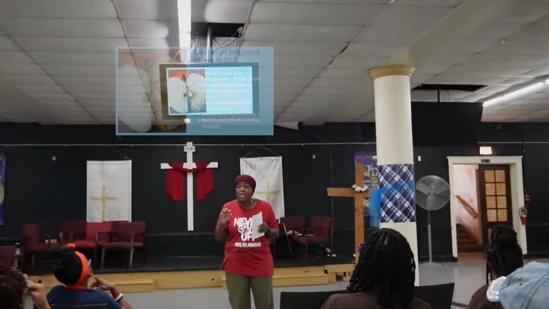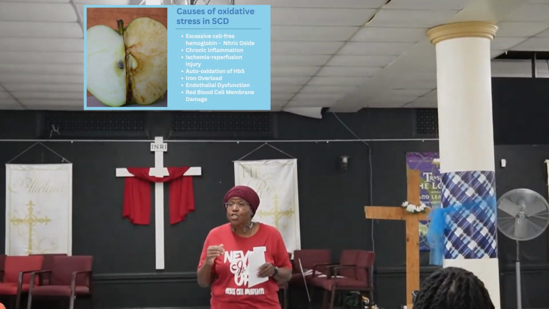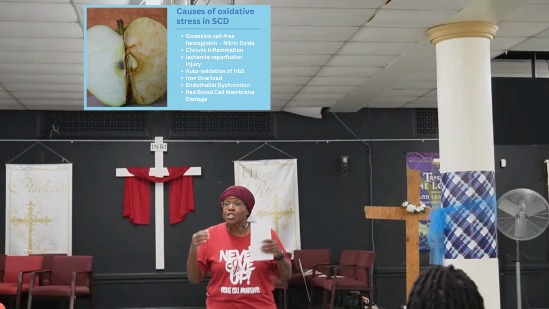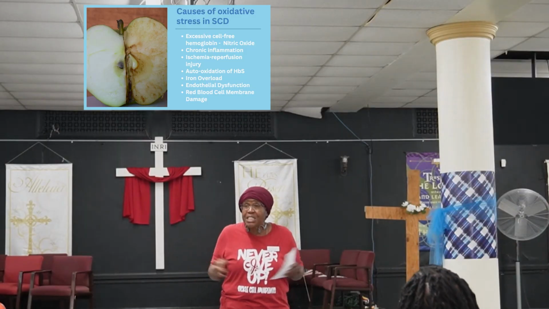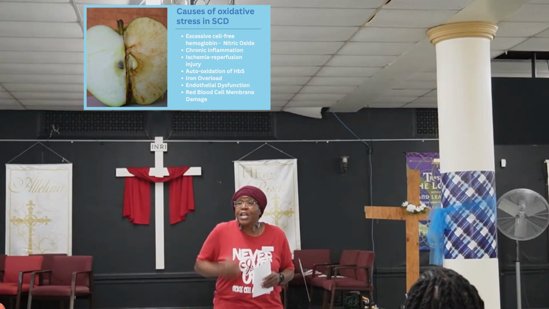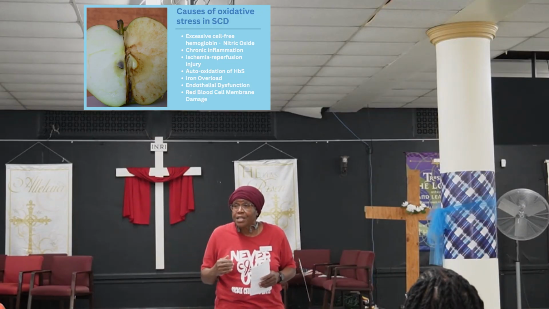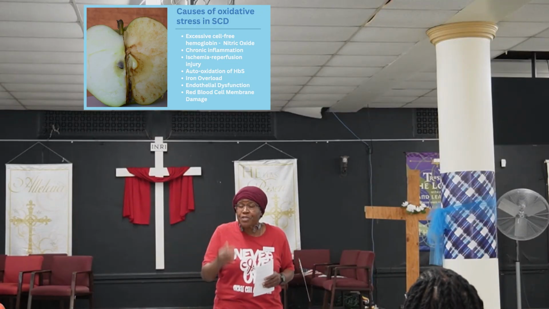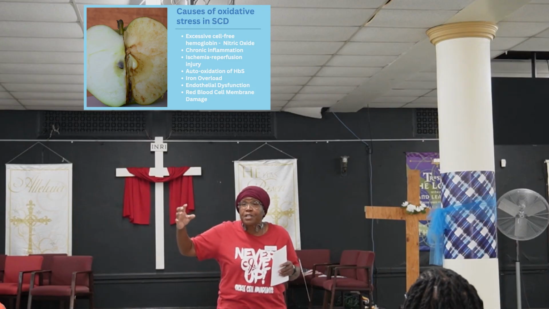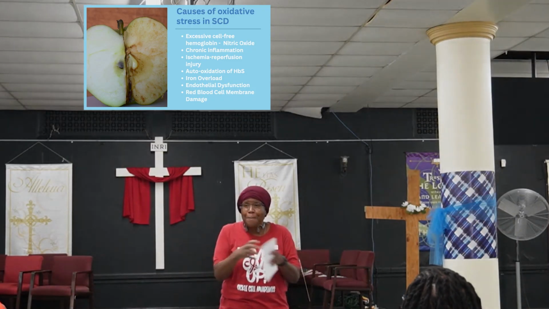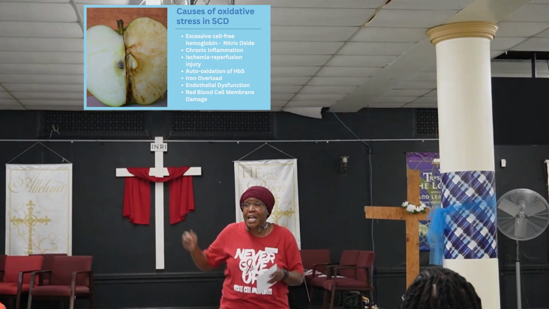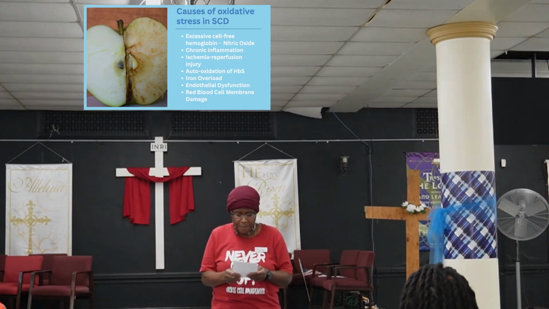They react with oxygen. It causes reactive oxygen species, or free radicals. In a sickle cell person, there's not enough naturally occurring antioxidant to help bind those free radicals. And I have a picture to show you after that.